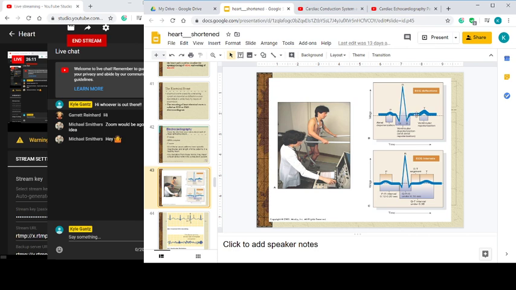Then we get to ventricular repolarization, where the ventricle recharges itself for another contraction. You can see the time frame involved: 0.1 to 0.2 seconds for atrial, 0.4 for the whole rest of the event.